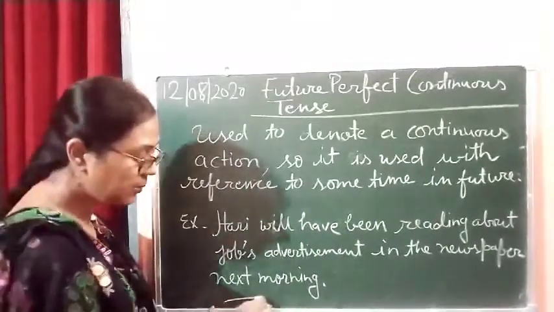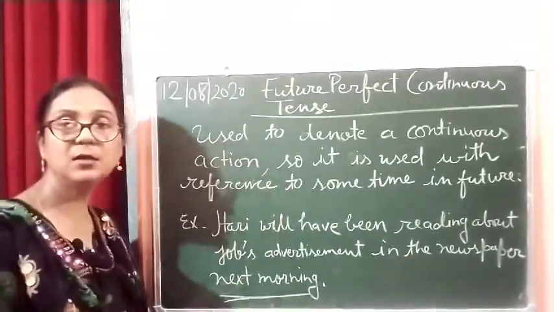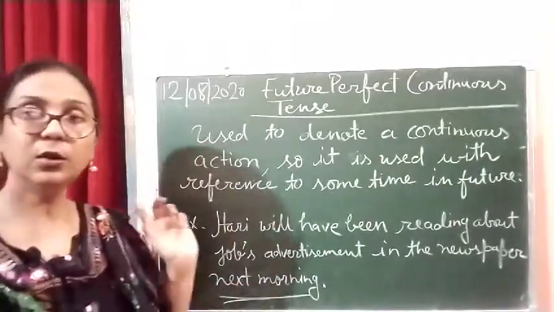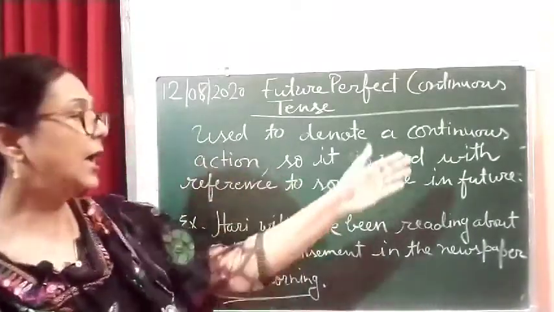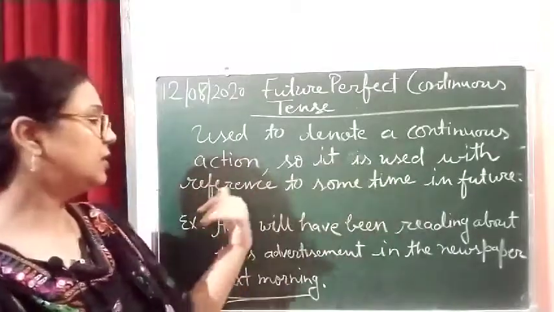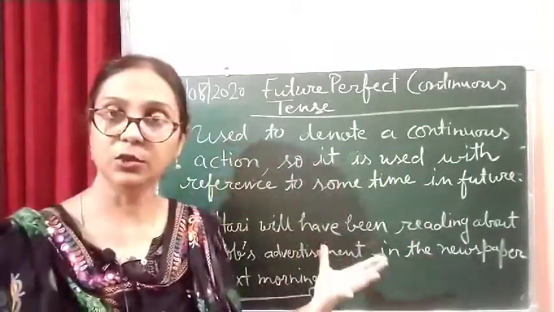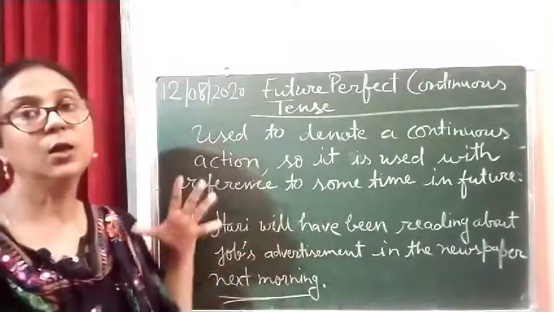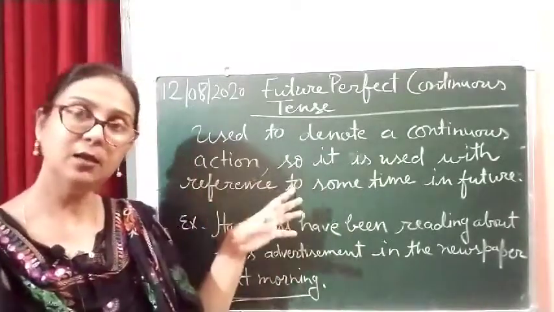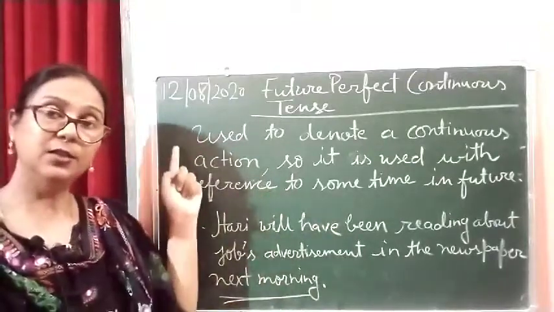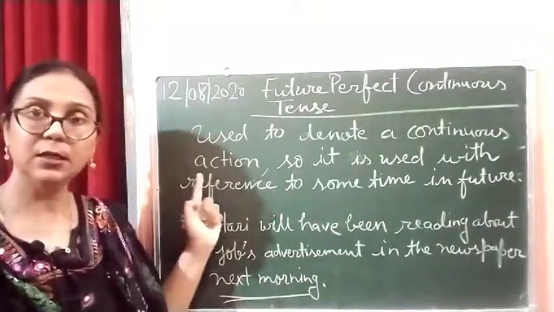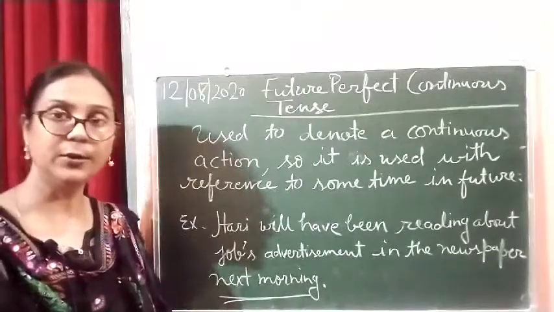The time is also given over here. So the action which is in continuous motion is used with reference to some time in future. In future it will be going to complete at some time. That is denoted by this future perfect continuous tense.